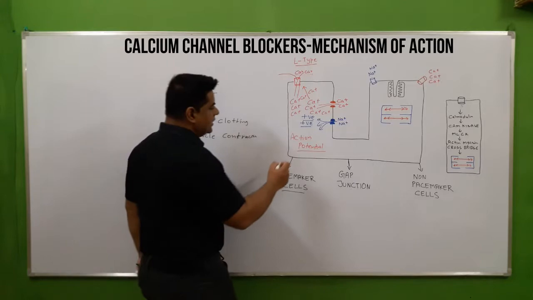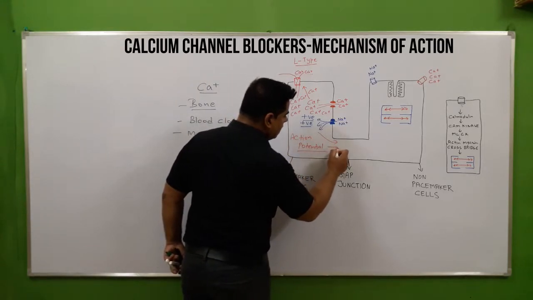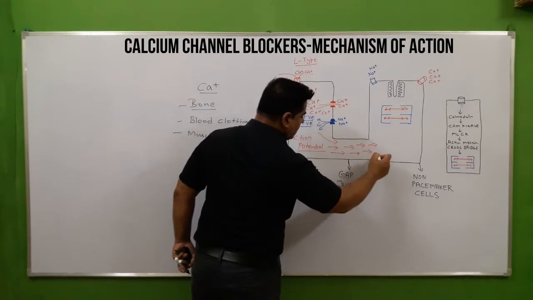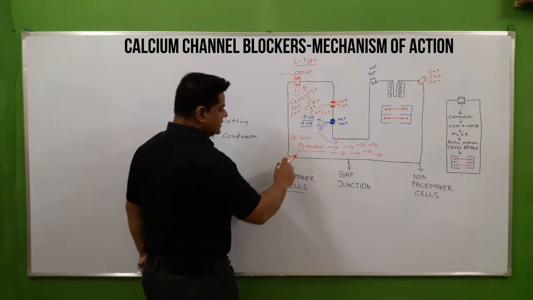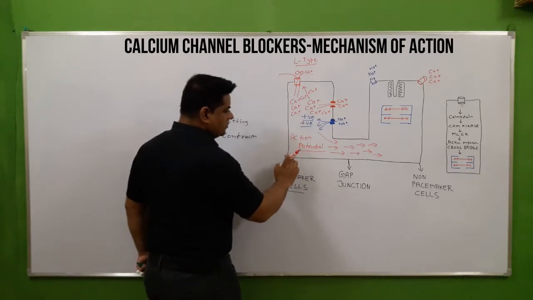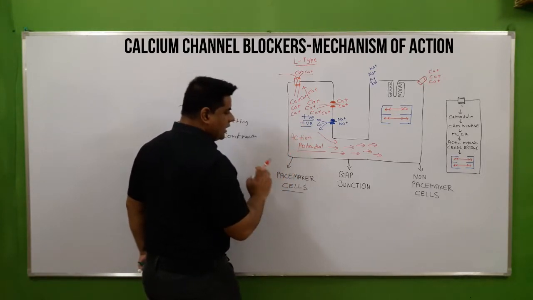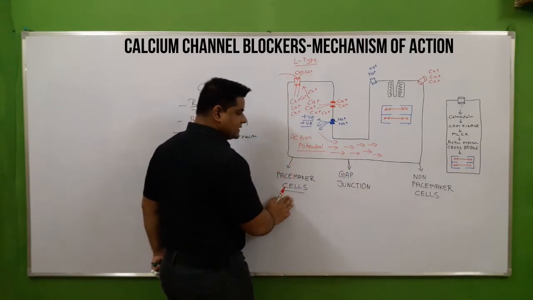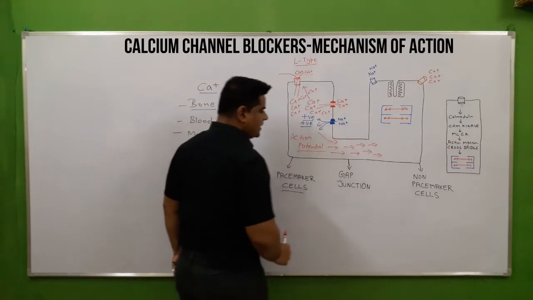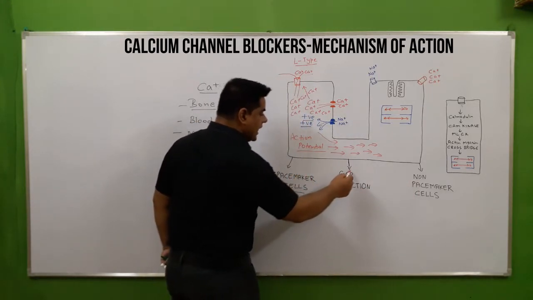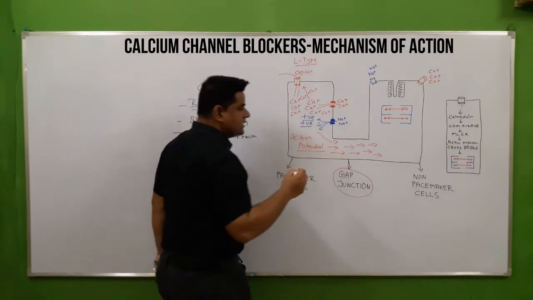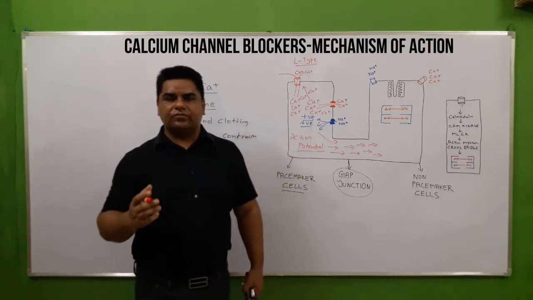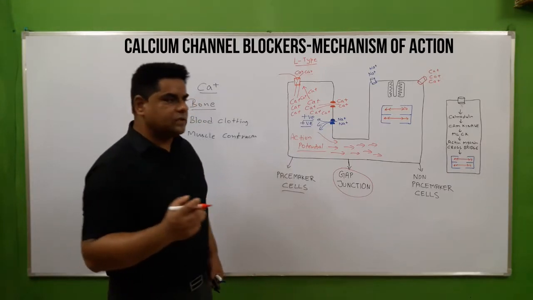Now as the cell is becoming more and more electropositive, the shifting of these positive ions, or action potential, across the membrane occurs between the two types of cells, pacemaker cells and non-pacemaker cells, through the gap junctions. We know that cells have gap junctions for exchange of different types of ions and substances.